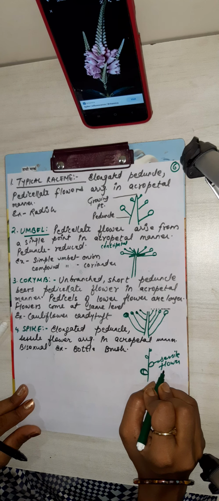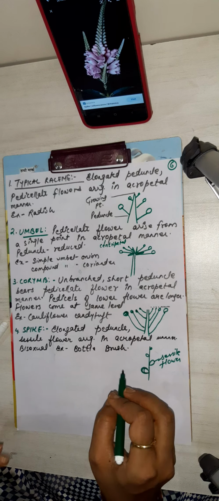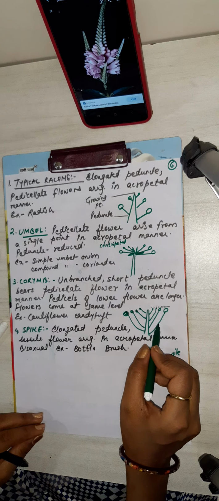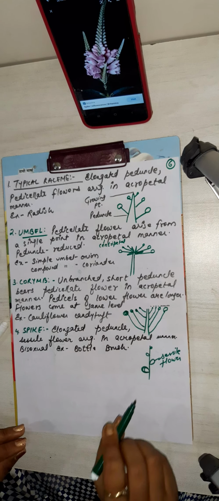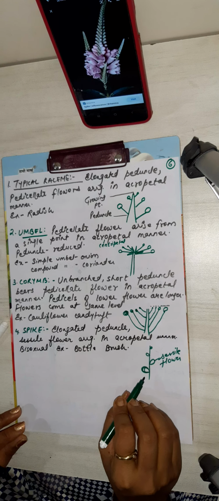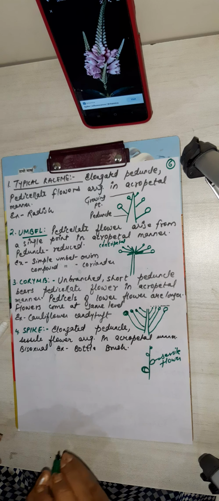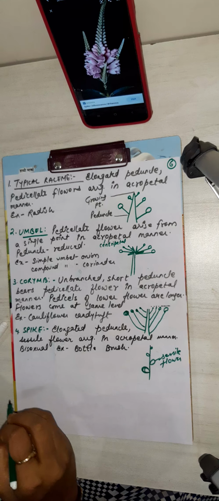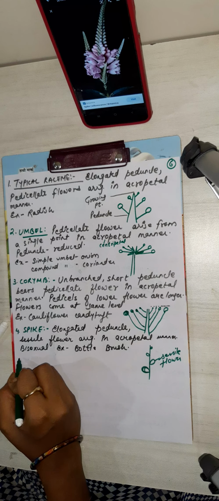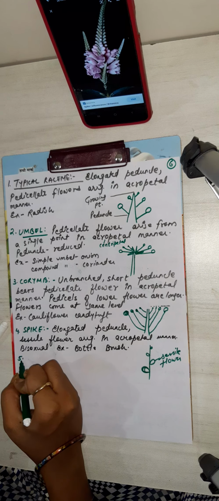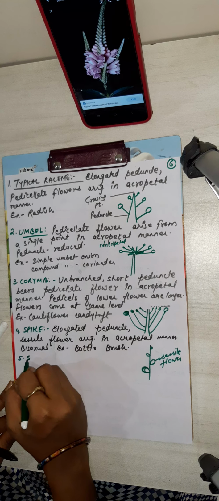Okay. And here I forgot to write lower older flower and longest pedicel. It is sessile flower. Okay. Growing point. Next is spikelets.